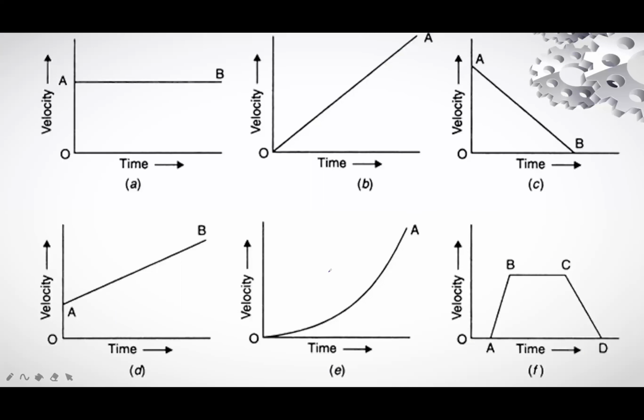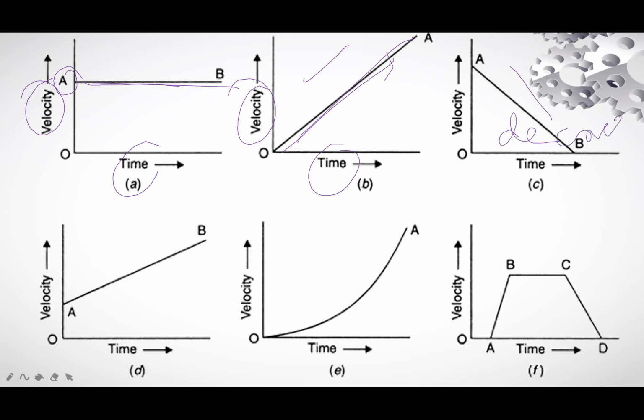This is the graph. In this graph, velocity is uniform. Here the velocity is increasing, because the graph is between velocity and time. Here it is decreasing, increasing, uniform.